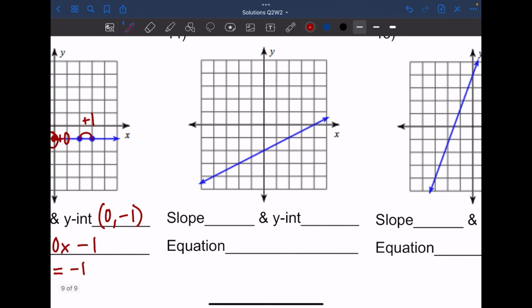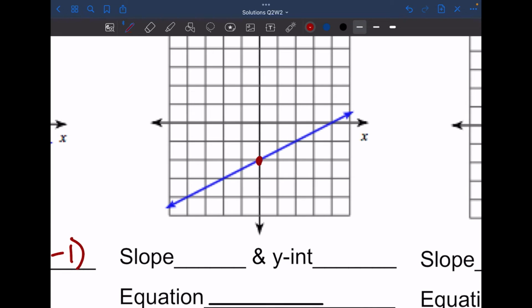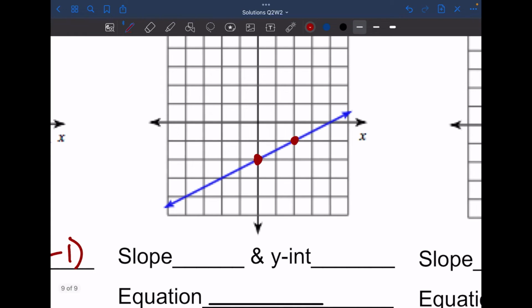All right, now this one here, they didn't give us points on. So instead of using the points that they indicated, we're going to find our own. I like to use the y-intercept if I can see it. And then I do see another point here over to the right. So it looks like we go up 1 and then to the right 2. So my slope should be 1 over 2.